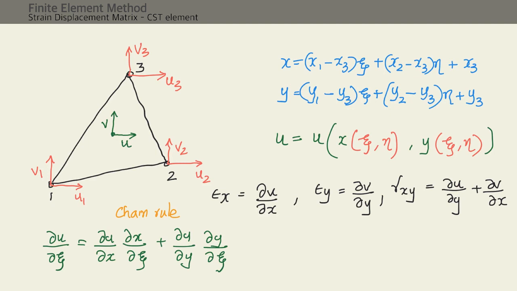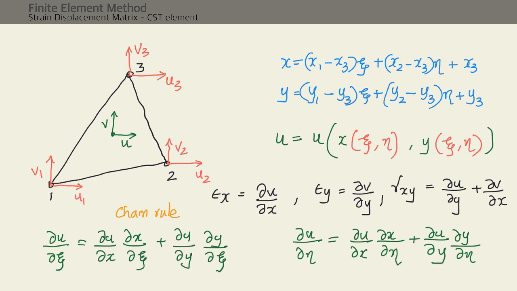The expression for dou u by dou eta can be written as dou u by dou x into dou x by dou eta plus dou u by dou y into dou y by dou eta. From these expressions, we will be able to find dou u by dou x and dou u by dou y, so that we will reach the halfway by calculating epsilon x and this term.